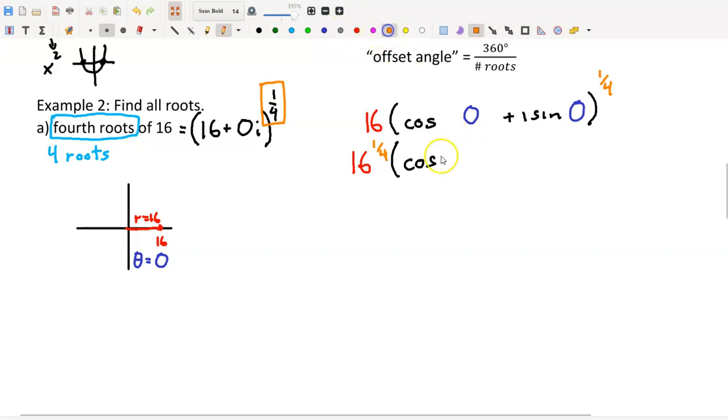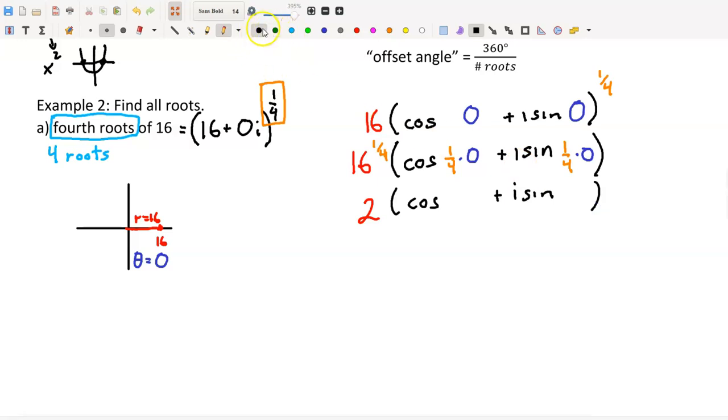So I'll write the steps out, but this doesn't always have to be 0 right here. So that way you have it all worked out for future problems. Good. And 16 to the 1/4 power is 2. We'll have cosine of 0, and sine of 0.